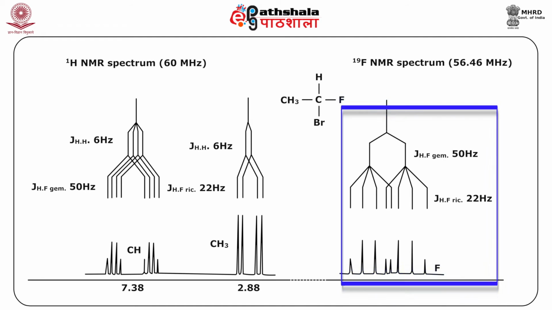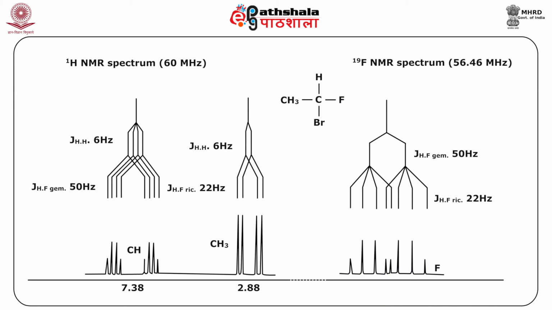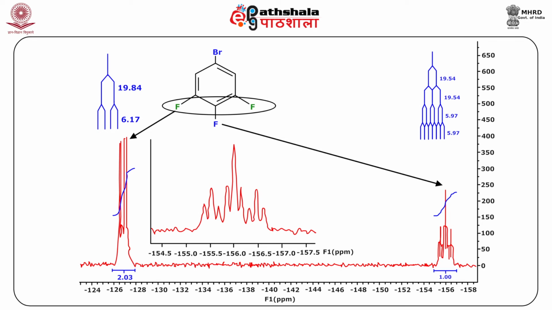Thus, the peak due to fluorine is an overlapping doublet of quartets. You can clearly see this splitting in this figure showing the proton and the 19F NMR spectrum of 1-bromo-1-fluoroethane.